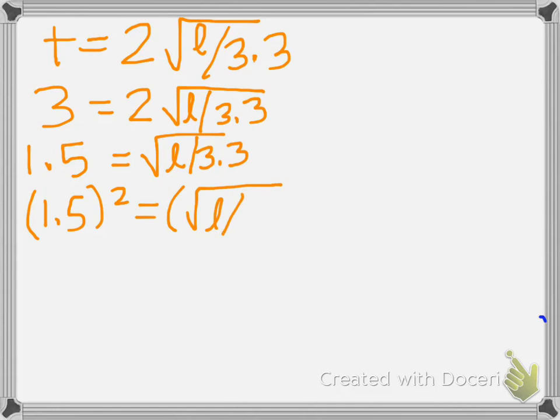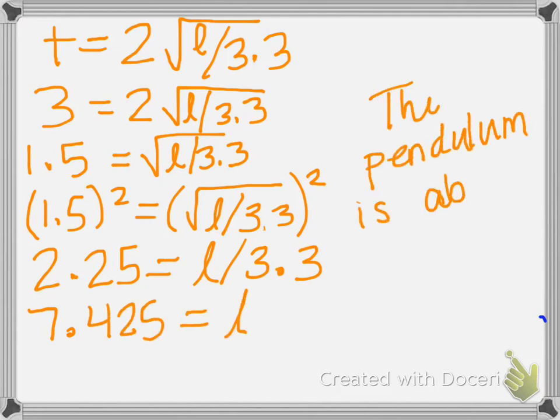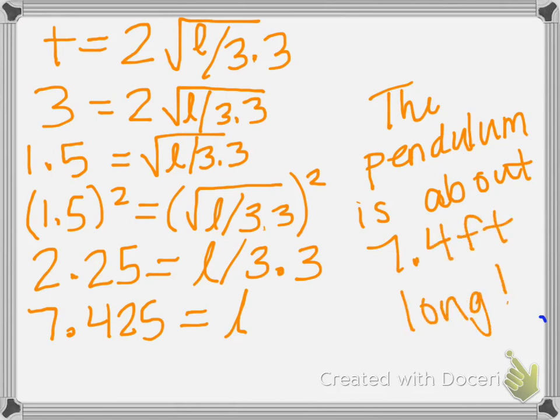Then we will square both sides in order to undo our square root. And then we've got 2.25 equals L over 3.3. And then we'll multiply, and we'll get 7.425. So the pendulum is about 7.4 feet long.